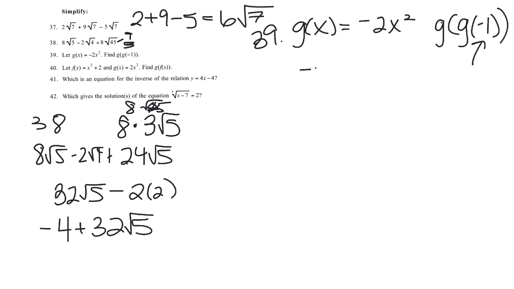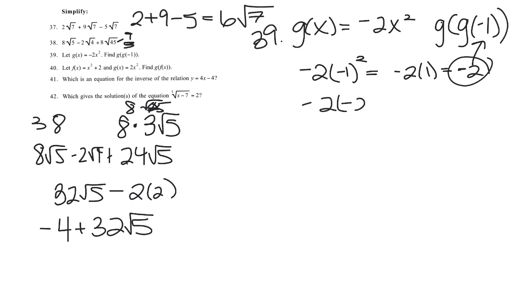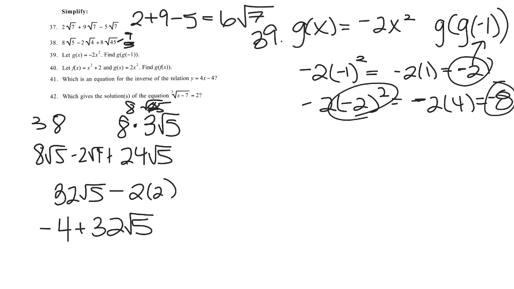So I get negative 2 times negative 1 squared, which is negative 2 times 1, negative 2. Now I'm going to plug negative 2 back into that function, negative 2 times negative 2 squared, negative 2 times 4. Remember that I have to do my exponent before I can multiply, so that gives me negative 8 as my final answer.